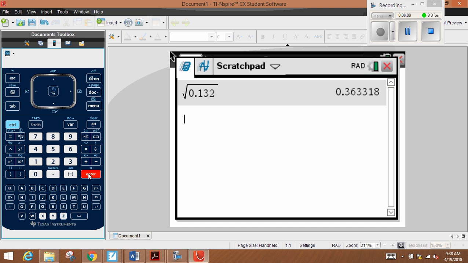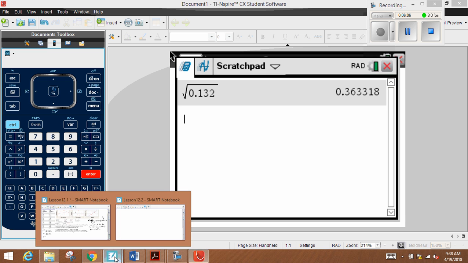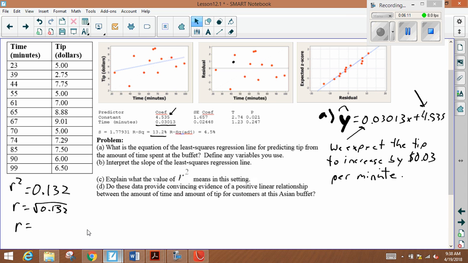That'd be a great way to explain this R value. They didn't ask us for that, but R is such an important value when doing least squares regression. It tells you so much that I don't feel comfortable not calculating it.